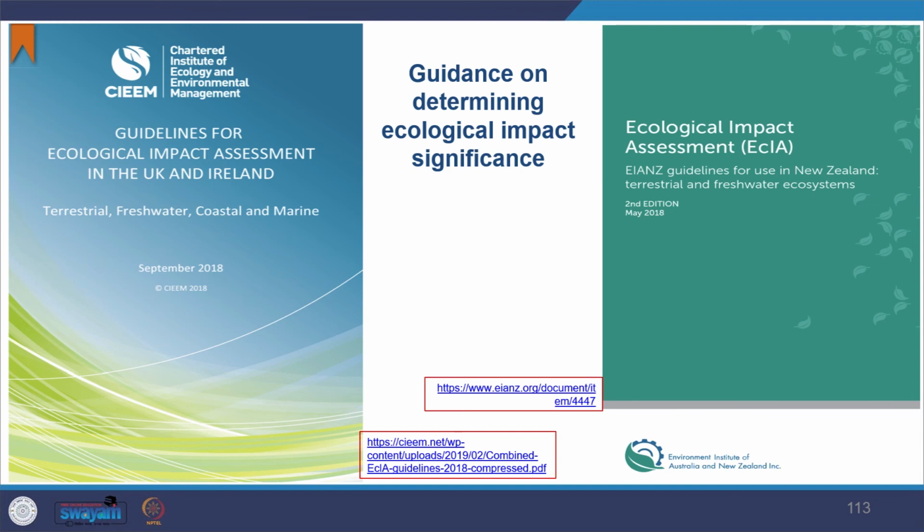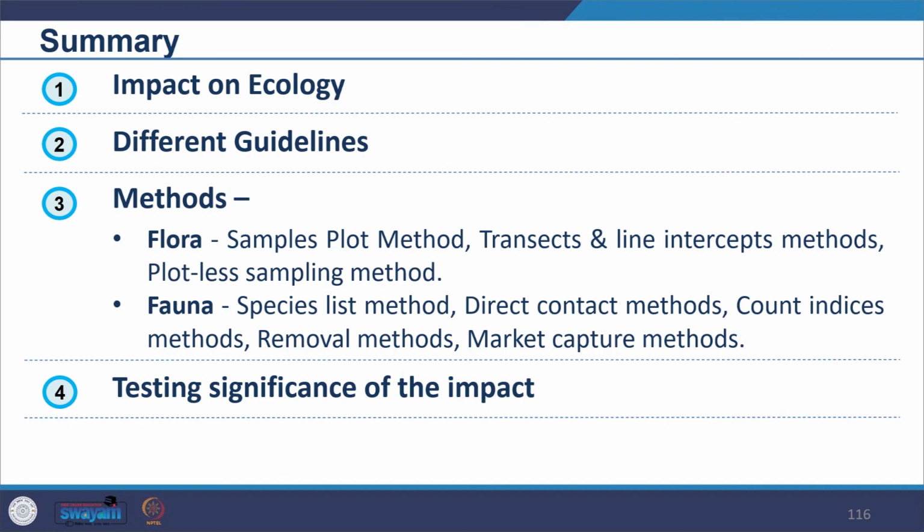You can see some examples in the suggested reading. When you look at impact, you not only look at the negative impact but also the positive impact, and you need to balance the two, with the attempt being to reach net zero impact. So that is what we covered today.